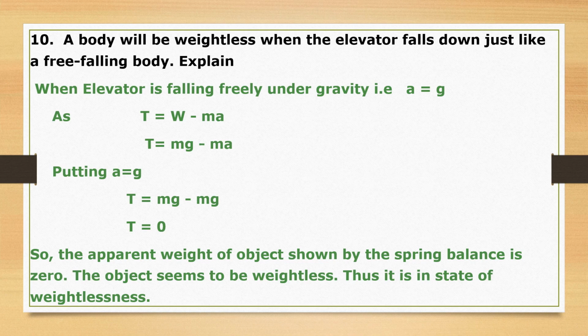That's why we call it apparent weight. So the apparent weight of the object shown by the spring balance is 0. The object seems to be weightless. Keep it in mind, it is written here that the object seems to be weightless. Its weight is not in actual sense 0, but it is an apparent weight. Thus it is in state of weightlessness.